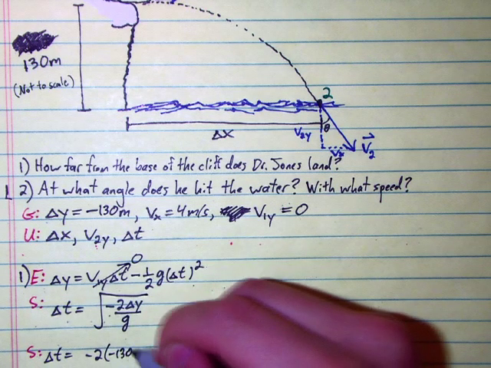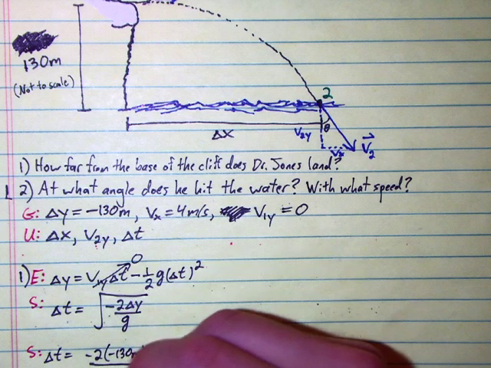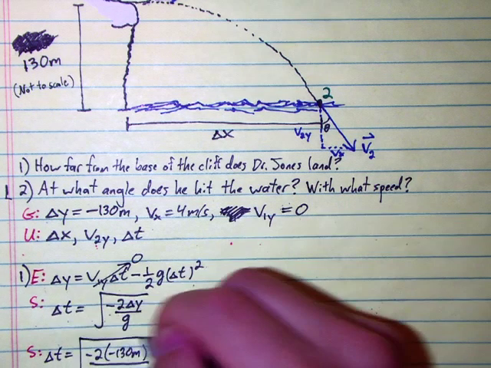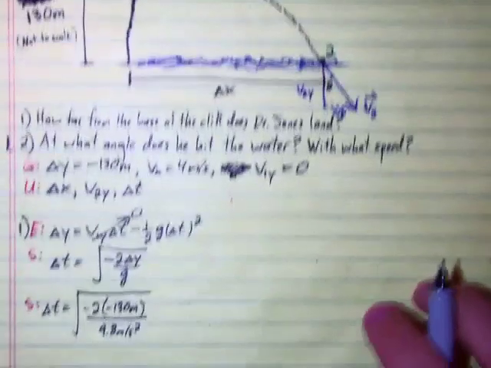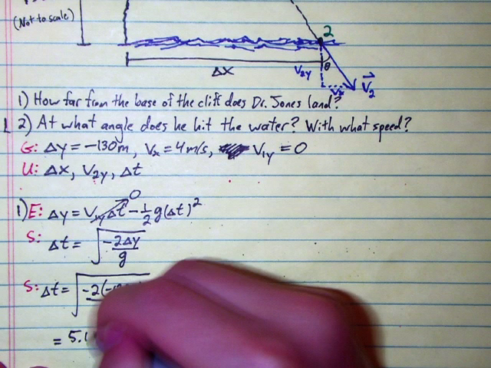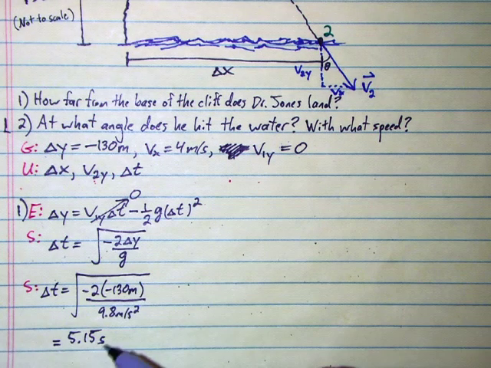So negative 2 times negative 130 meters all over, and g is defined to be a positive 9.8 meters per second squared. Square root of that whole thing gives us 5.15 seconds.